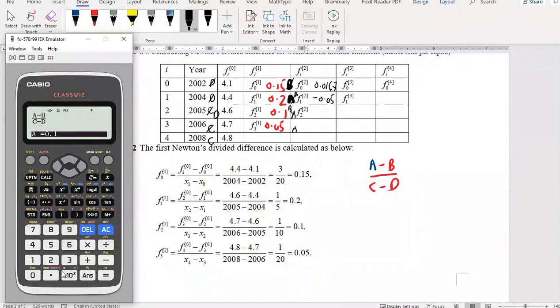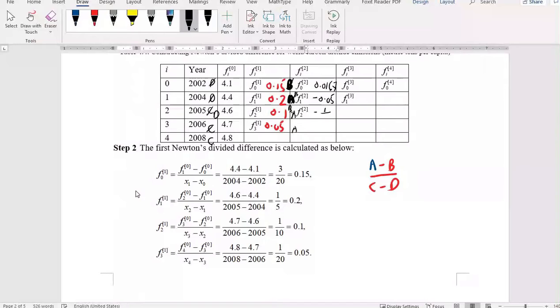So A this time is 0.05, the B is 0.1, C is 2008, D is 2005. So I get negative 1 over 3 over 20, this is negative 1 over 60.